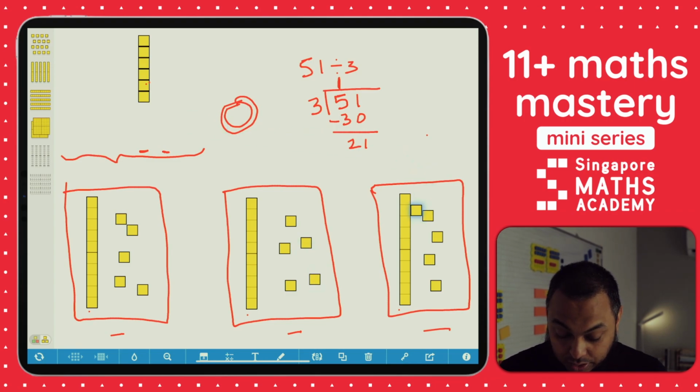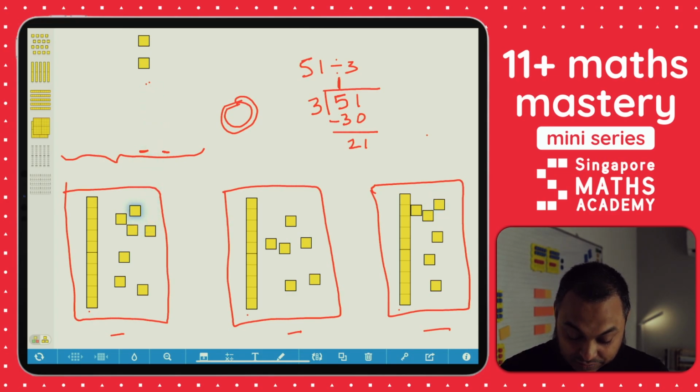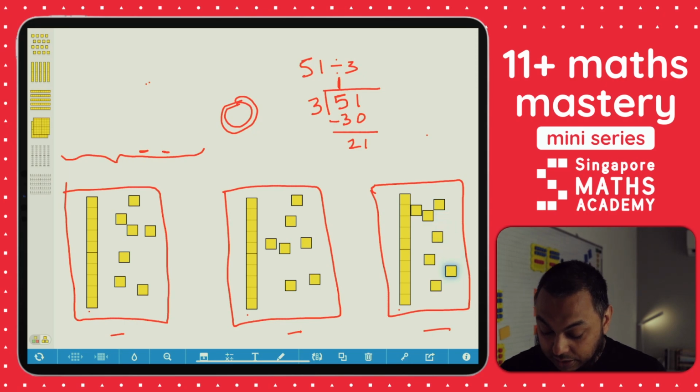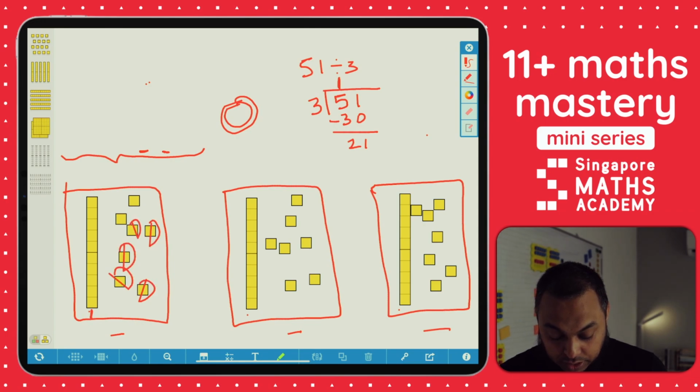So let's see if that works. I should just about have 17 now on this one. I've got 17 here, and I've got 17 here. So let's count that just in case I made a mistake. So I've got a 10 here, and I've got 1, 2, 3, 4, 5, 6, 7. I've got 7 ones.